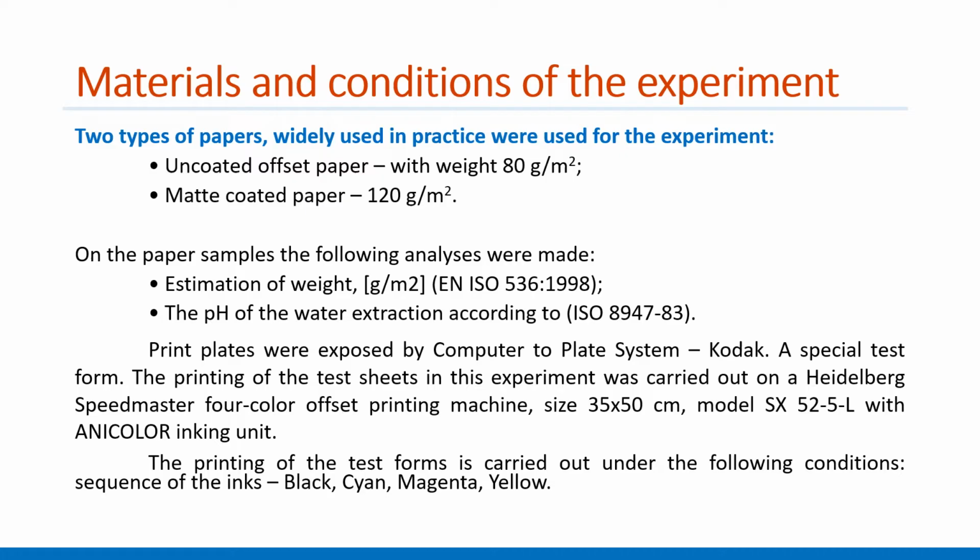The first paper is uncoated offset paper, and the second paper is matte coated paper. We made a few analyses of these papers before we used them, and after that we printed these test forms with the offset printing method on these two papers.